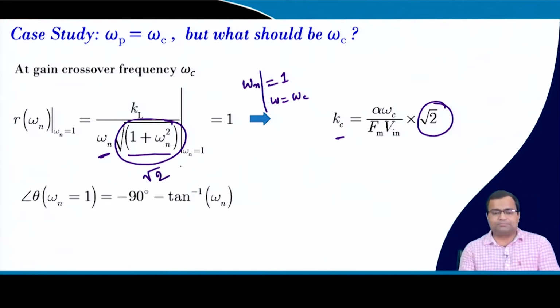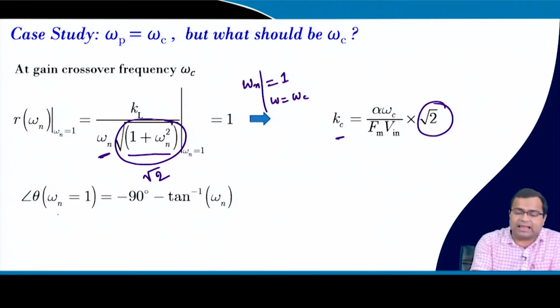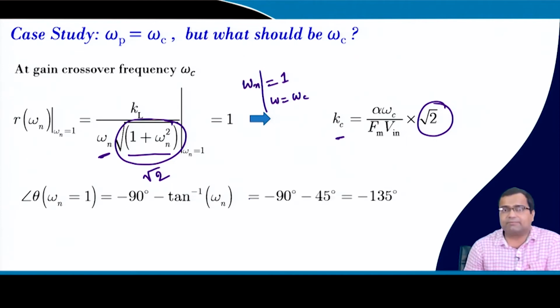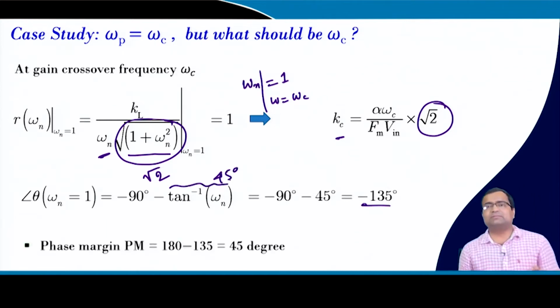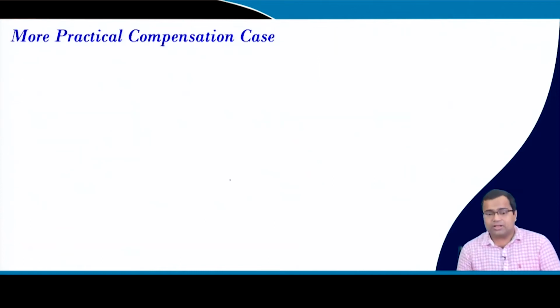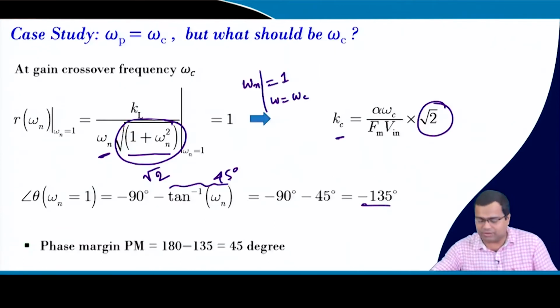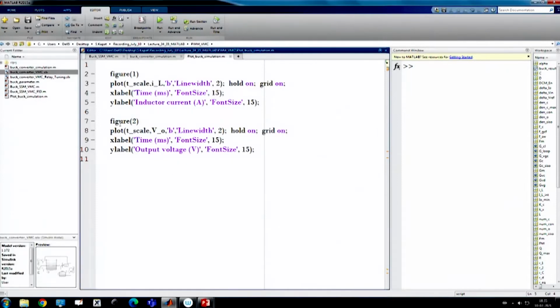And if you find the phase margin, first of all the angle, with omega n as 1, is 45 degrees, and the phase margin will be 45 degrees. Now we have to go to MATLAB simulation to check.